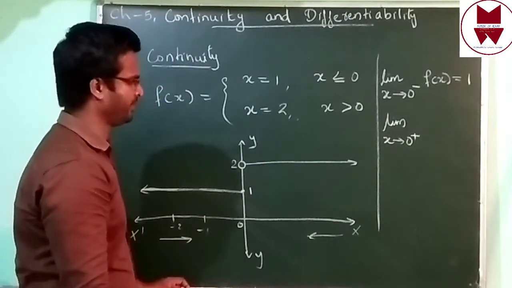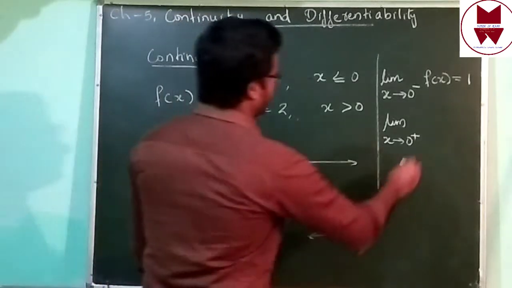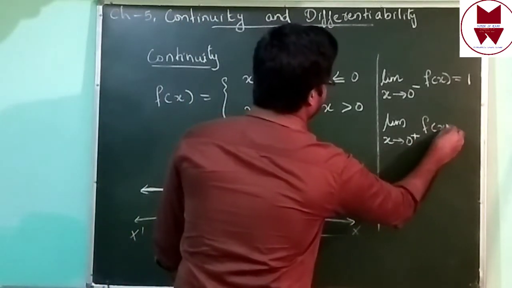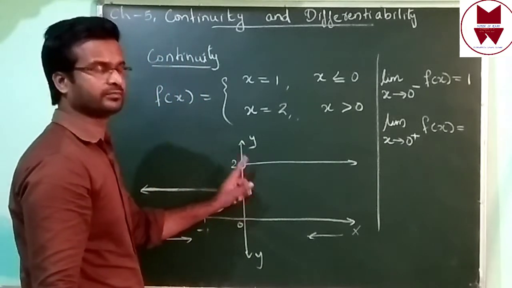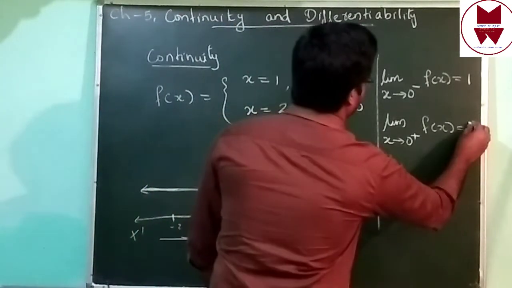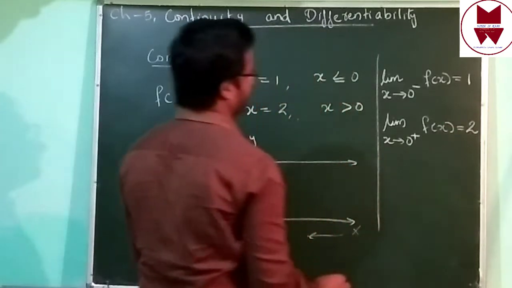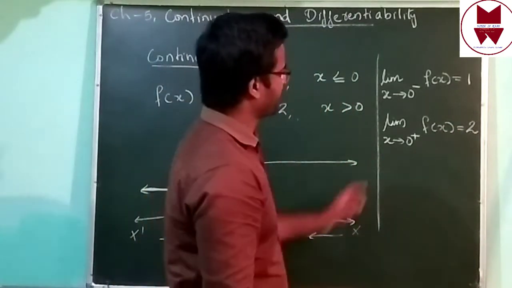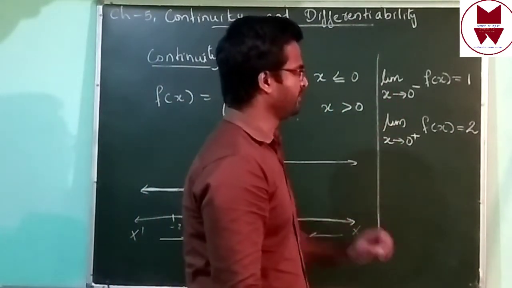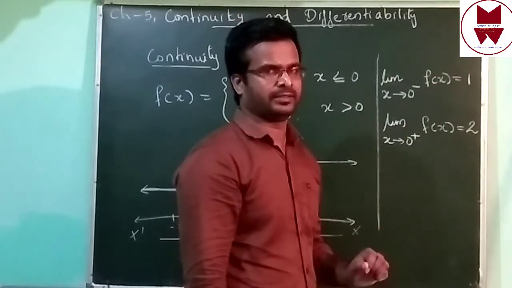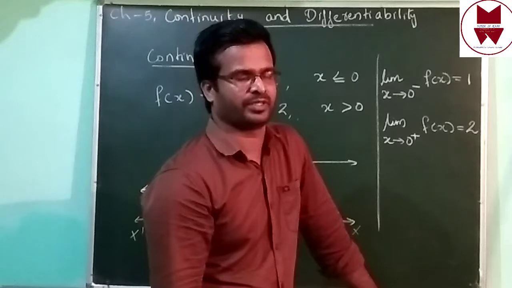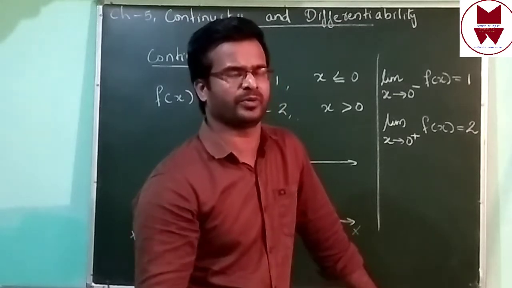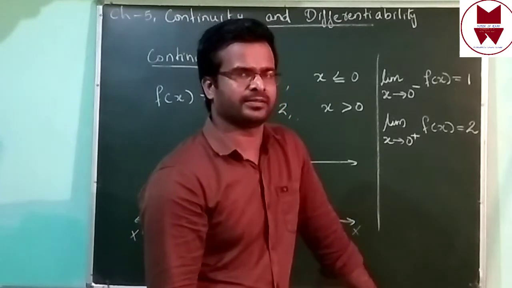Then RHL of f of x equal to what? 2. Here LHL and RHL are different. Different means that the function is not continuous. Then what is the condition for a function to be continuous?